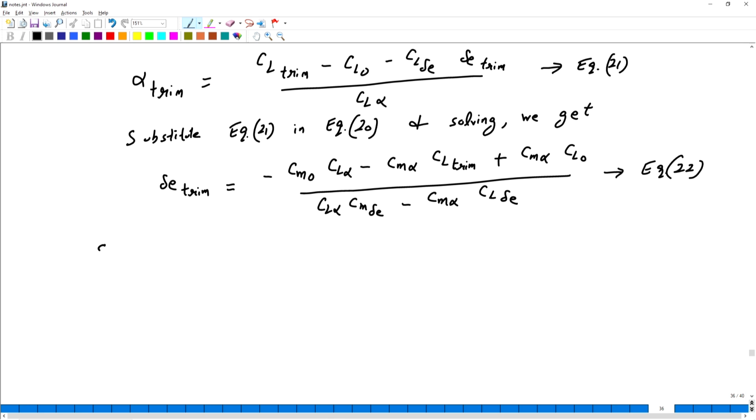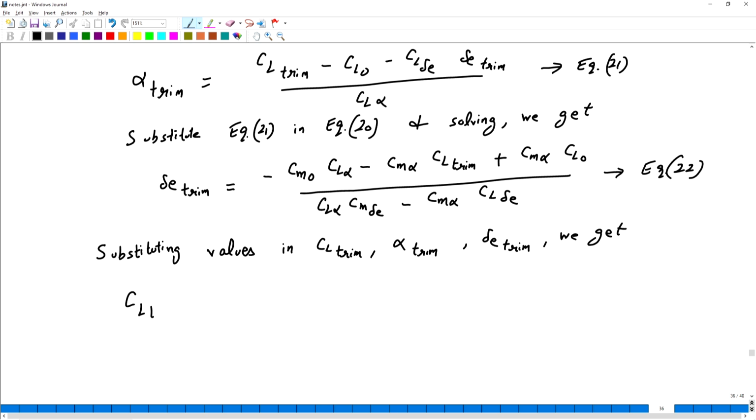Now substituting values, since we already have the aircraft data available, substituting values in CL trim, alpha trim, delta E trim, we get CL trim value, please do it by yourself. CL trim is 0.4368.